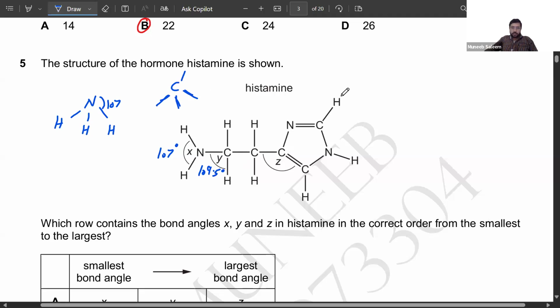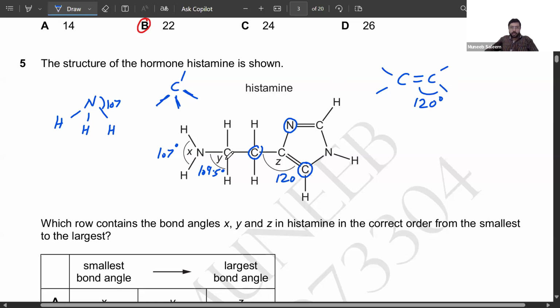And Z is the one in which carbon is bonded through a double covalent bond. So in that case, it has three atoms in its surrounding, and one of the three bonds is basically a double covalent bond, which means it must be similar to ethene or alkene, in which the angle is basically 120 degrees.